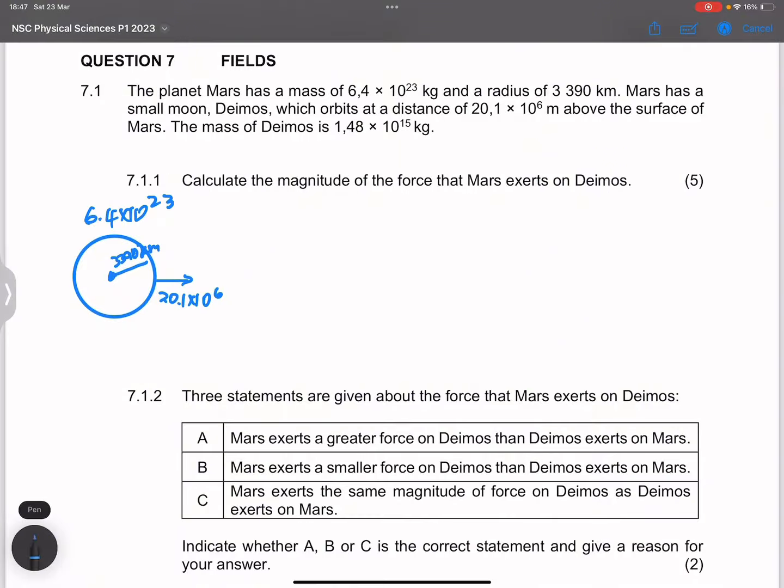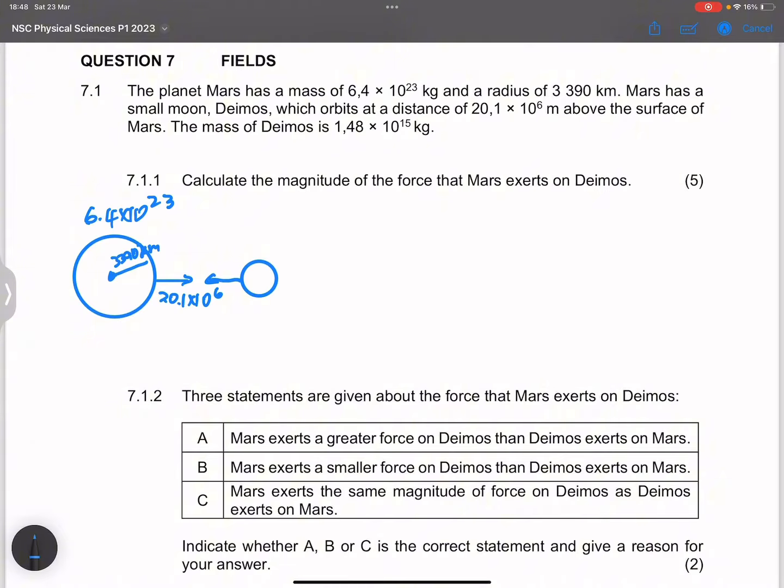I actually should have drawn this a bit better. Maybe let's put the moon there so that we can show the distance much better. So there we go, above the surface of Mars.